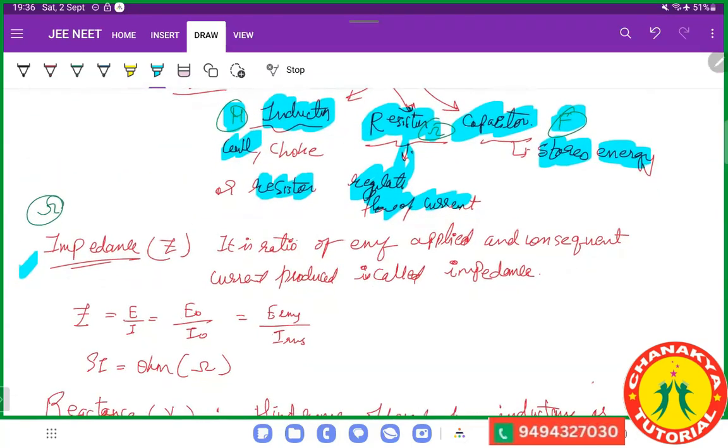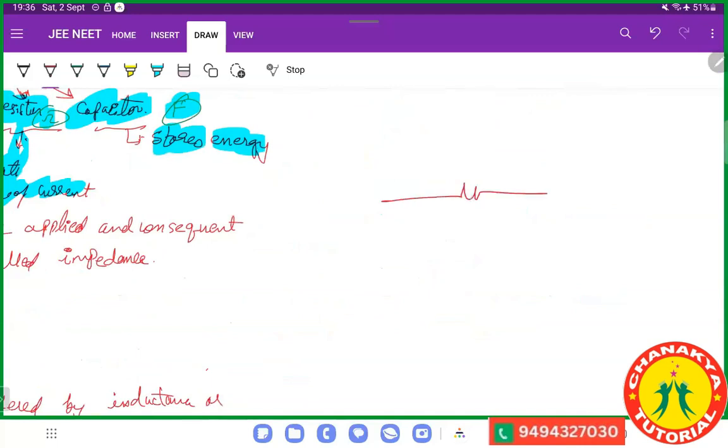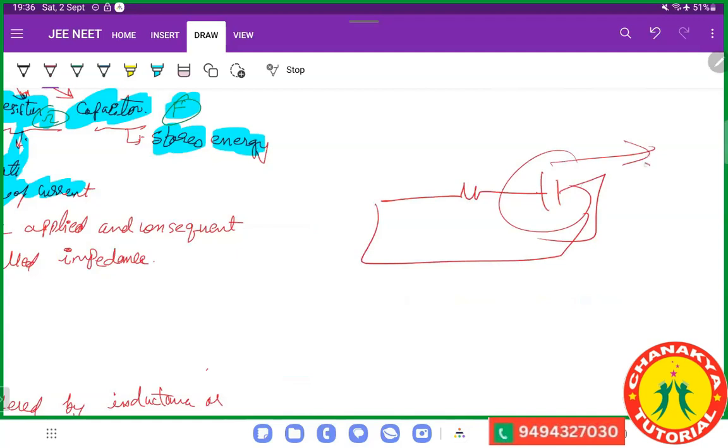Inductor and capacitor cannot be seen together. Whenever we do resistance and capacitor numericals, we eliminate one; we don't consider it and solve, or we open the circuit. Or whenever we calculate for a capacitor, we eliminate the other.